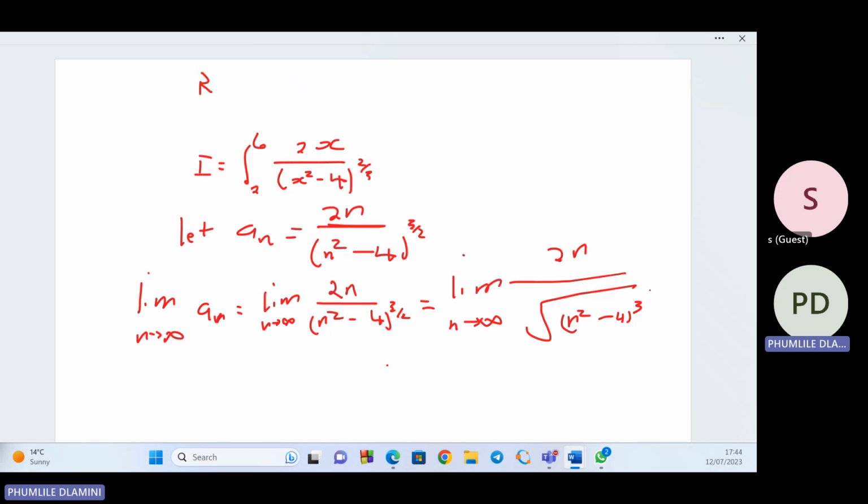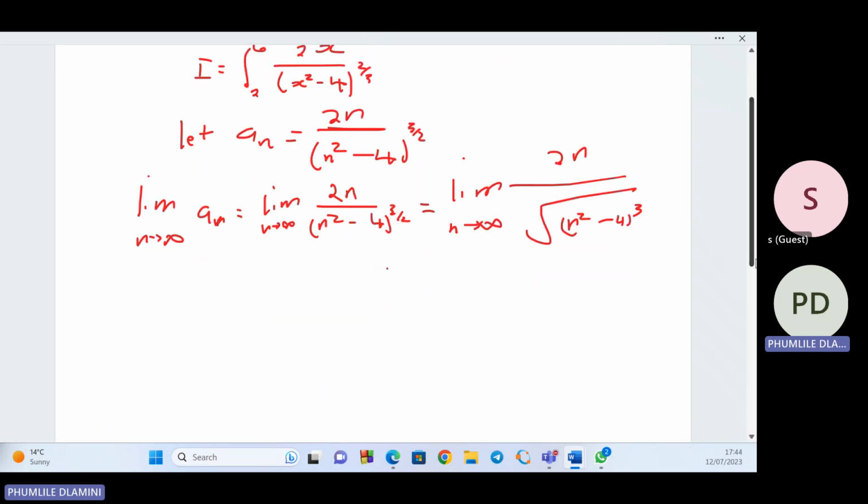So now when we have written it that way, in order for us to find this limit, what can we do? We can divide by n squared.